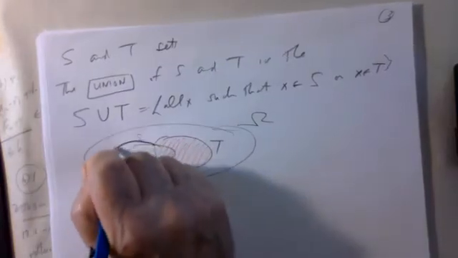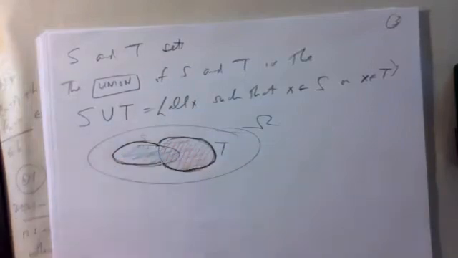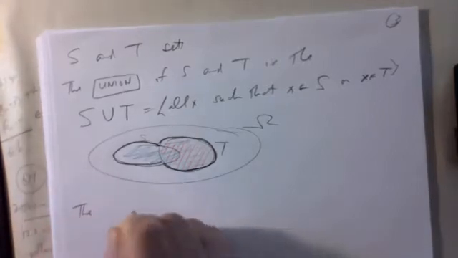So the union would be all of this. If you have the union of two sets, it's everything which is in one or the other or both.